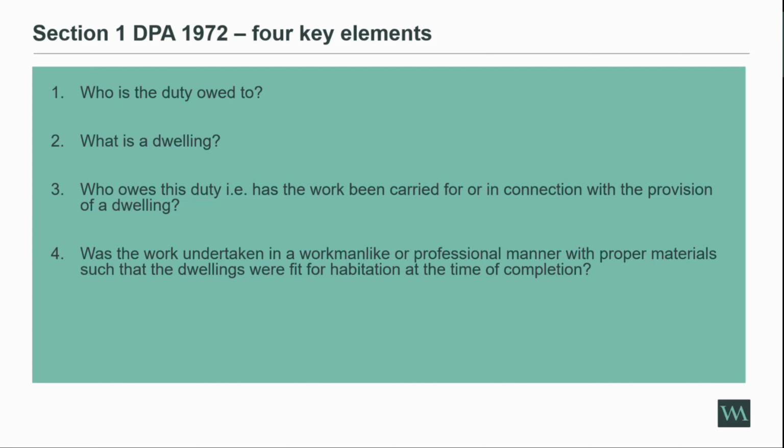Do they have an individual address? Do they contain the essential features for living, so sleeping area, washing area, eating area? Are they separately accessed? And things like that. But generally speaking, student accommodation at the moment is under the DPA.